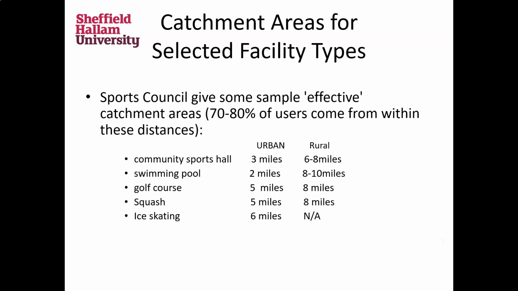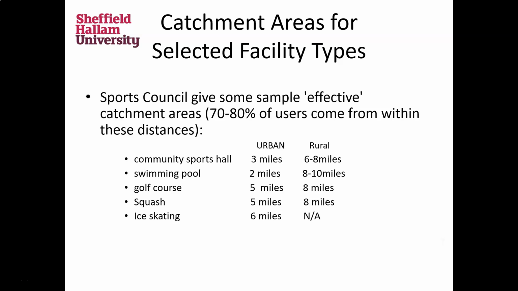So here we can see the different catchment areas for different kinds of facilities in different settings, so urban and rural settings. Many of you will be looking at purely urban areas. Urban areas have higher densities of population, which are able to support a higher density of facilities. So travel times are less.